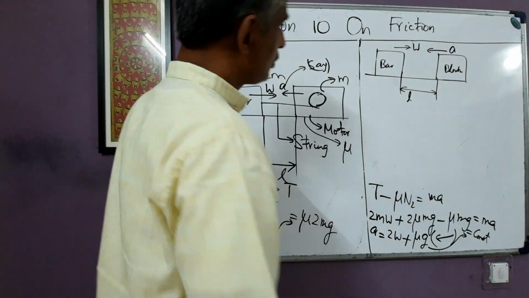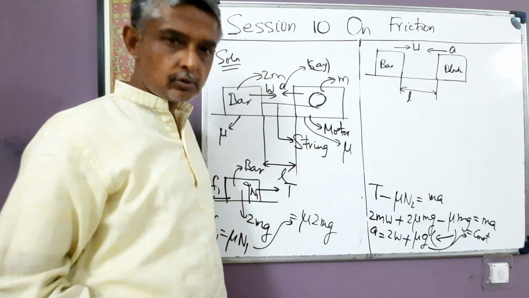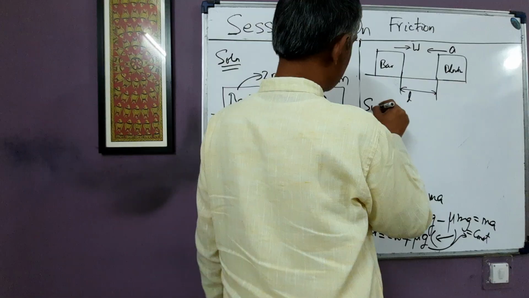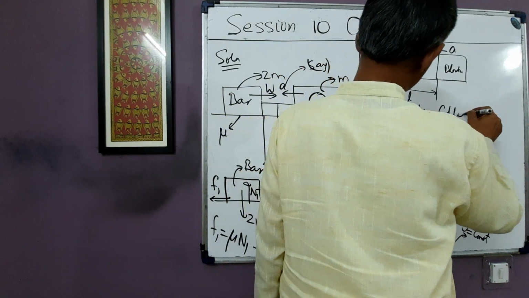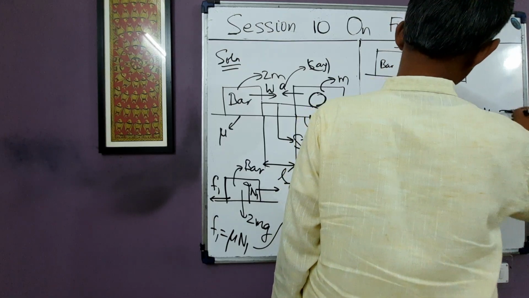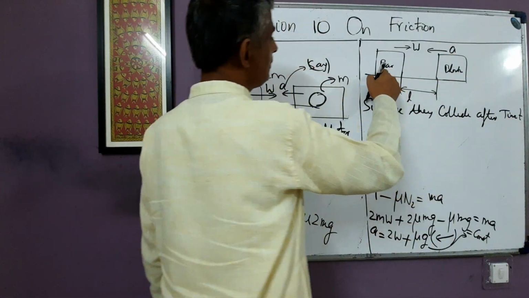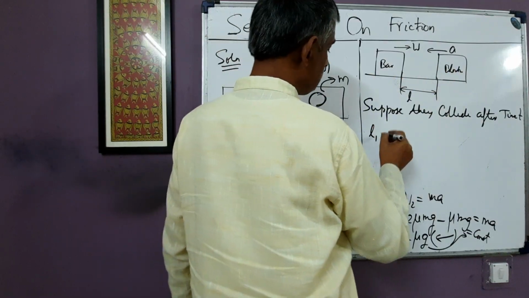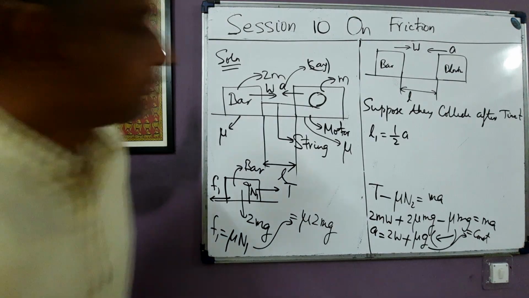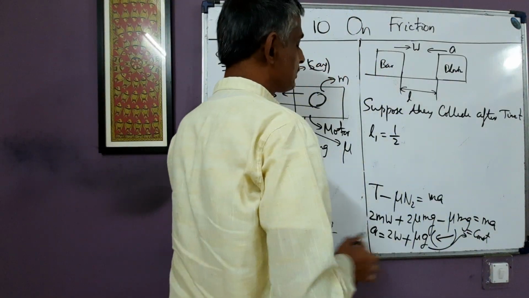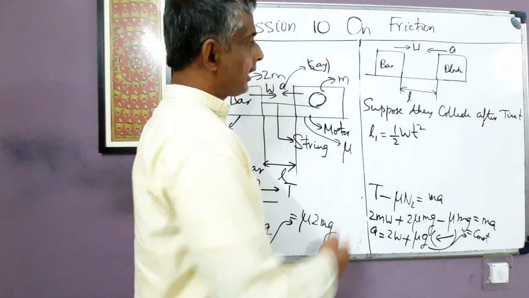Now, suppose they collide after time t, that time t which has been asked in the question. In time t, the bar will move what distance? L1 equals half w t square, since the acceleration of the bar is constant w and it starts from rest.